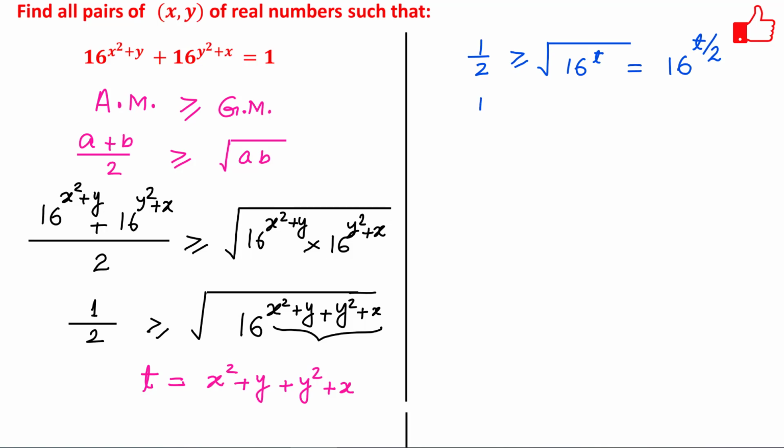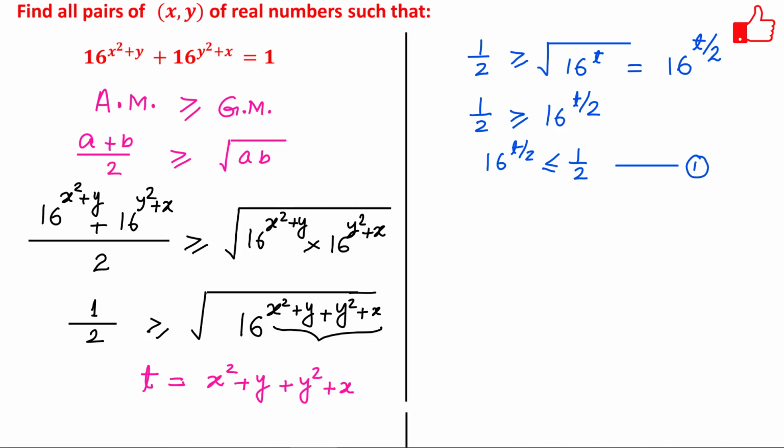So I can say 1 by 2 is greater than or equal to 16 raised to the power t by 2, or I can say 16 raised to the power t by 2 is less than or equal to 1 by 2. So let us call this equation 1.